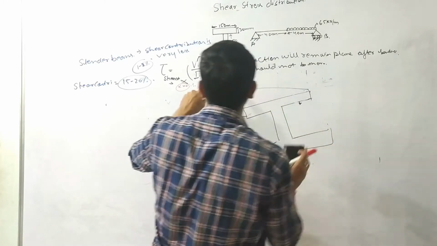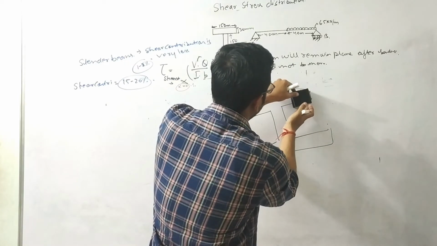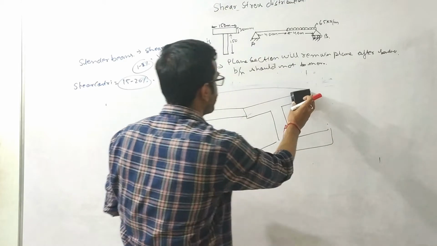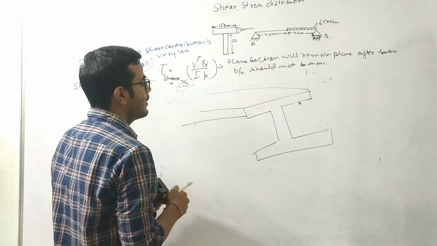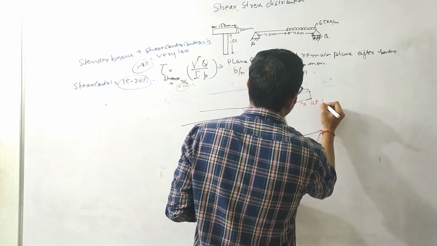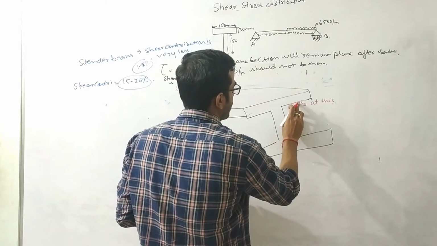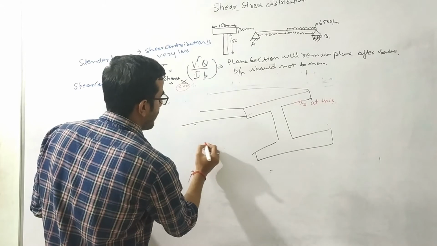This 0 I can deduce, but I cannot get the value 0 at this point through this formula. So this formula is not depicting the correct boundary condition at this point, because the shear stress should be equal to 0.